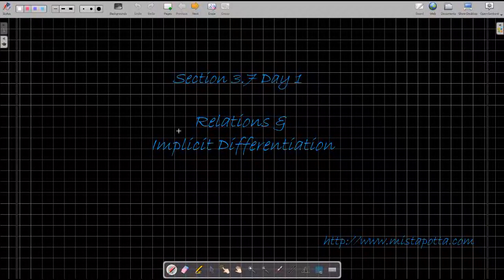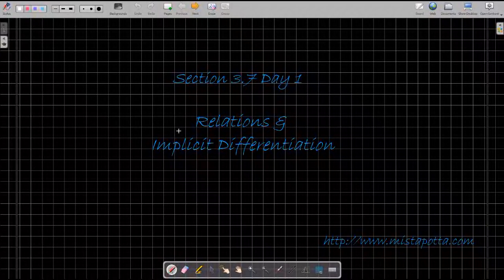Today we're going to go through day 1 of section 3.7. What we've been dealing with so far are derivatives of functions. And so what we want to start talking about is how do we deal with relationships that aren't functions.